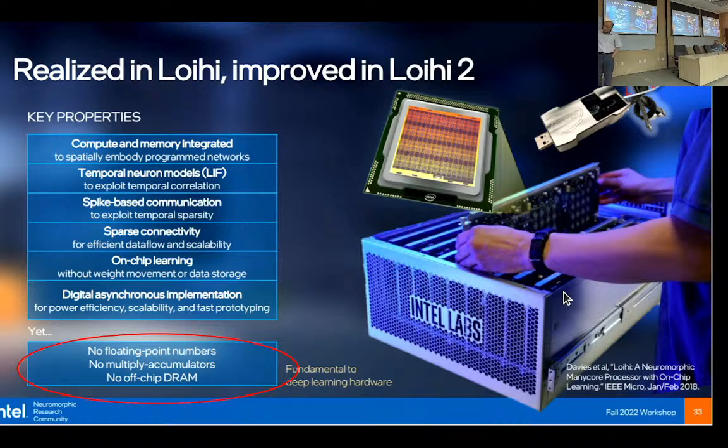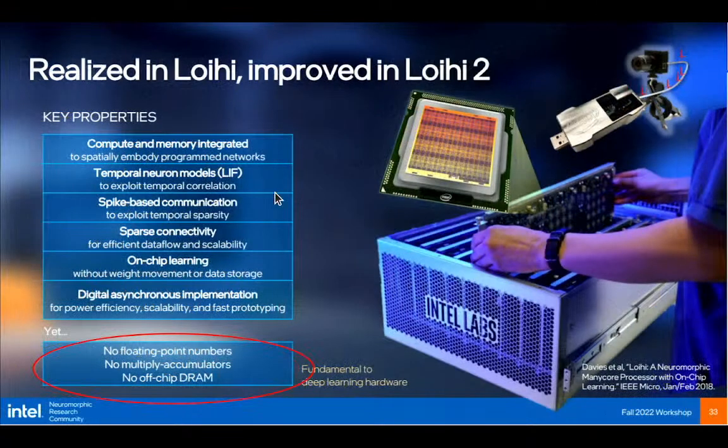Then, part of their trajectory, those are the features: compute and memory integrated, stateful neurons with built-in dynamics. That was a big revelation on the engineering side. Event-based communication improves the network a lot and simplifies a lot the requirements for the network.